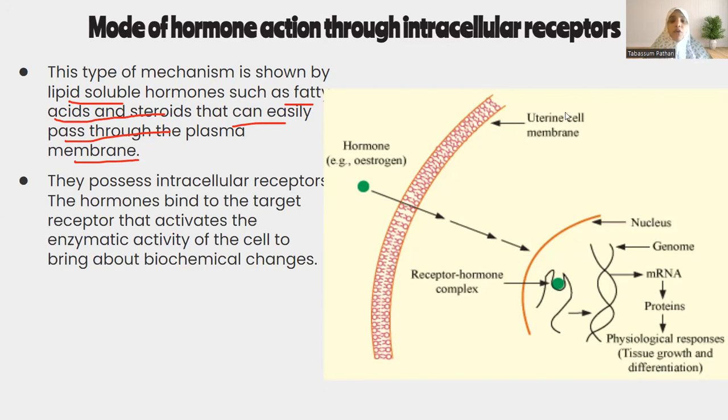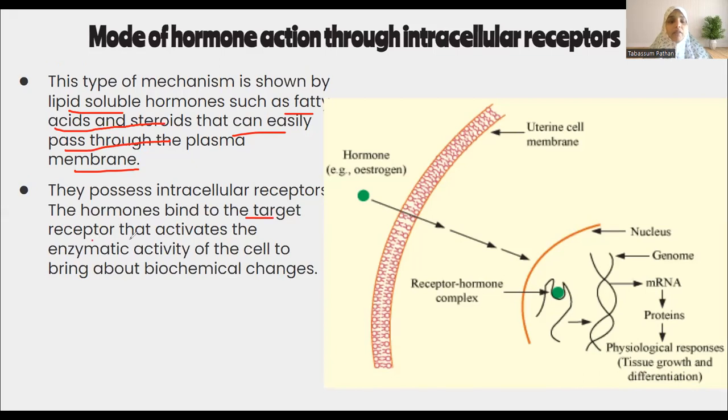So the hormone will go inside, bind to the target receptor, and then activate the enzyme activity of the cell to bring about biochemical changes. Here is the receptor hormone complex, and it will have an effect on the DNA.